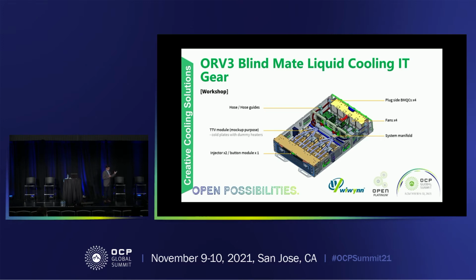The components that you see here, the hose guides, the plug side, the socket, the TTV module, the injection module, the system manifold, all of these were built by Wiwynn. These are the different components that make this chassis ready for liquid cooling, and this is what you will be seeing in that workshop.